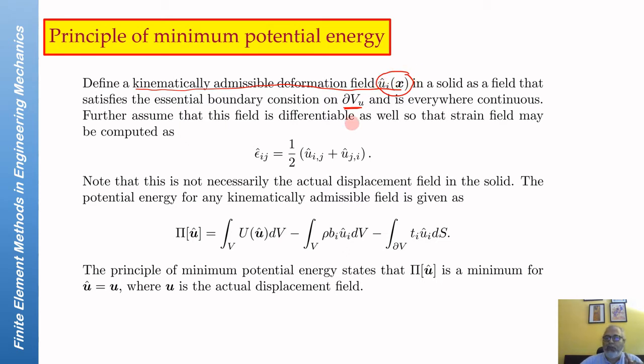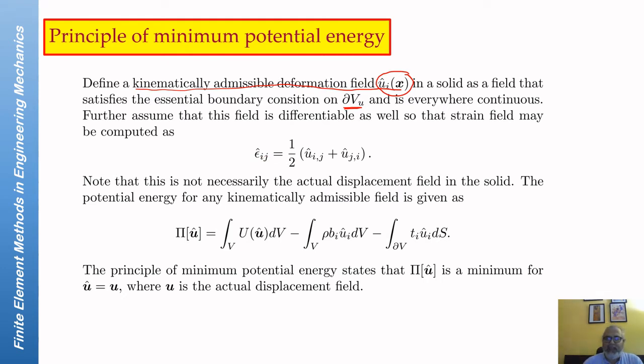From this kinematically admissible displacement field, you can find a strain by taking derivatives of ui with respect to j, and uj with respect to i. So you can find the fictitious strains from this fictitious displacement, which satisfies the displacement boundary conditions and is continuous. Therefore epsilon ij hat will also be continuous.